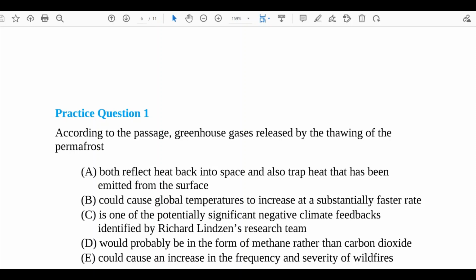Choice C is one of the potentially significant negative climate feedbacks identified by Richard Linson's research team. Actually, this option contradicts lines 11 to 12.